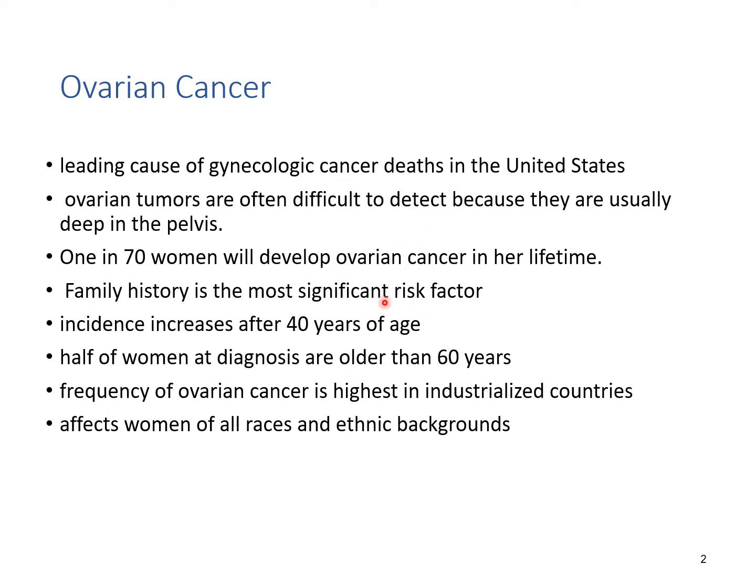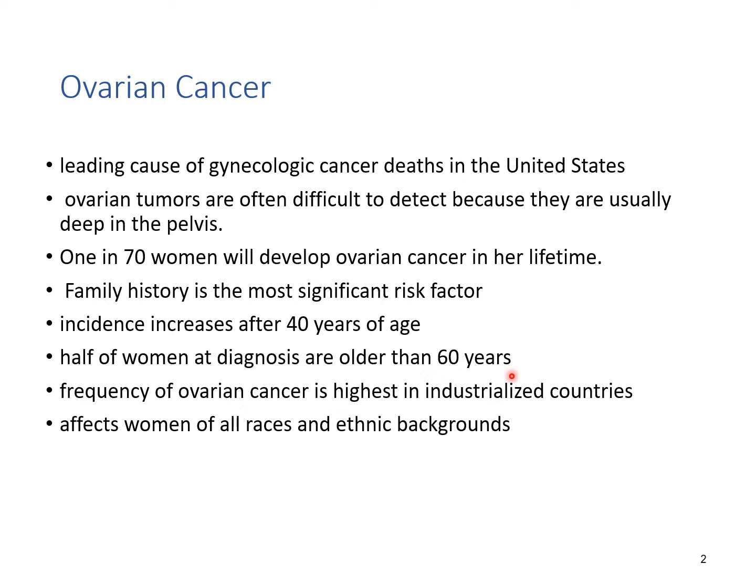So 1 in 70 women will develop ovarian cancer in a lifetime. Family history is the most significant risk factor. Incidence increases after 40 years of age. Half of women at diagnosis are older than 60 years of age. So once again, deeper in the pelvis, and we're seeing it a lot more in the older women.